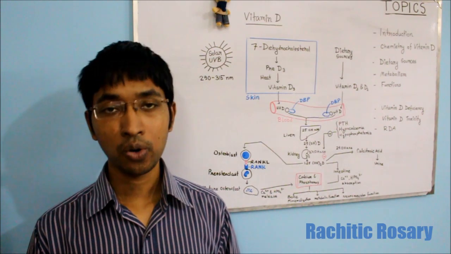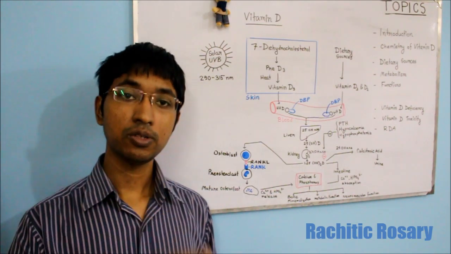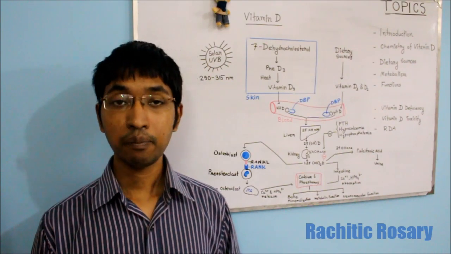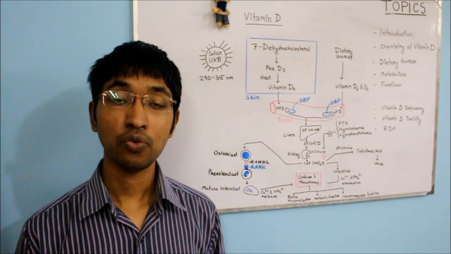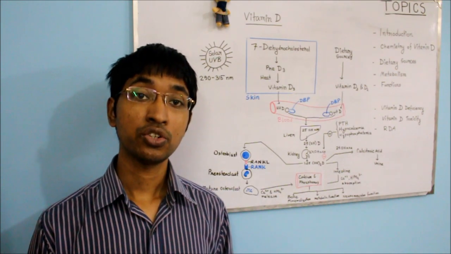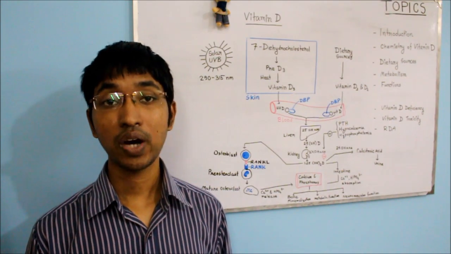This is very important for your exam, so remember this term. This is called rachitic rosary, and it will happen due to excessive deposition of osteoid and cartilage in the costochondral junction of the ribs due to vitamin D deficiency.